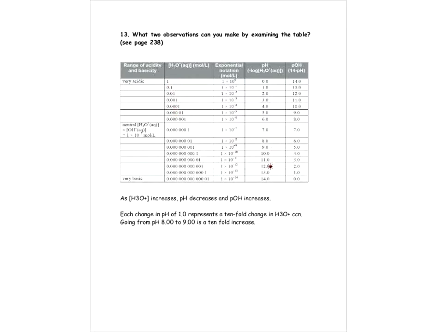But as pH decreases, pOH increases. And we're going to talk about what pOH is in just a sec here. Okay, that's kind of a new concept, pOH. So basically, pOH and pH equal 14.